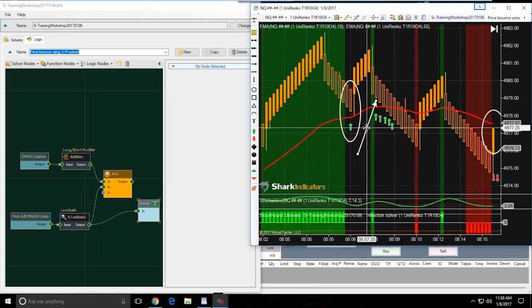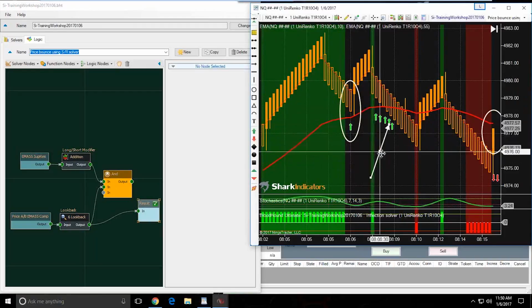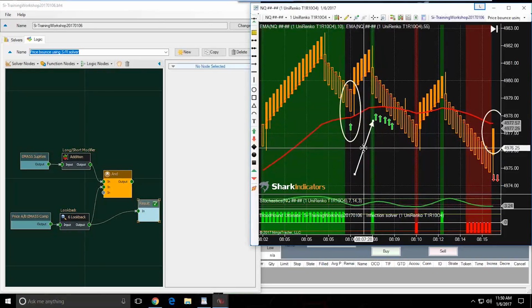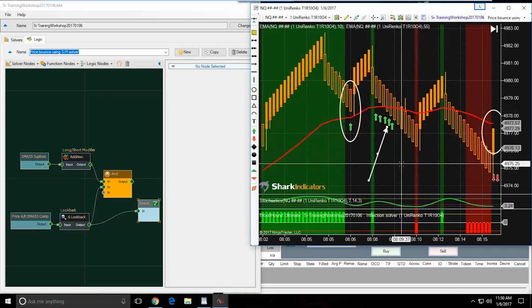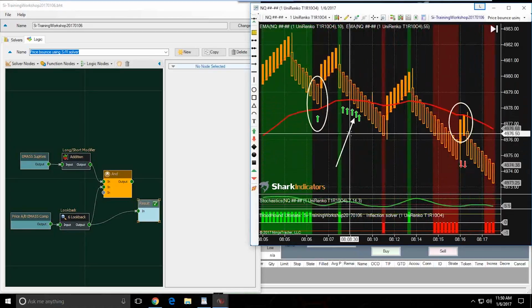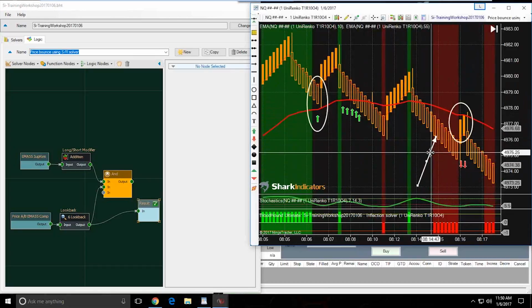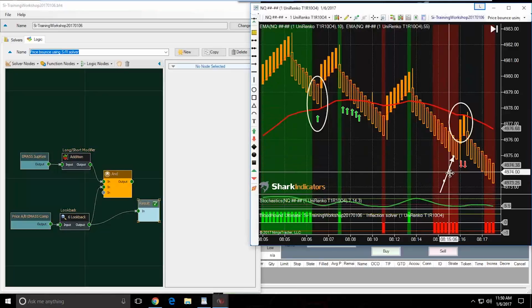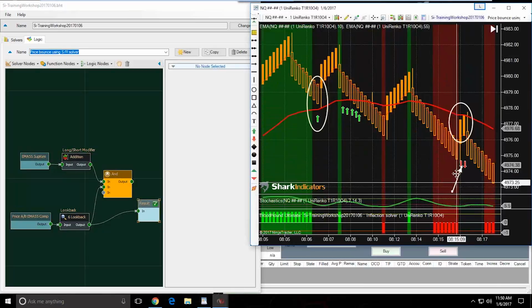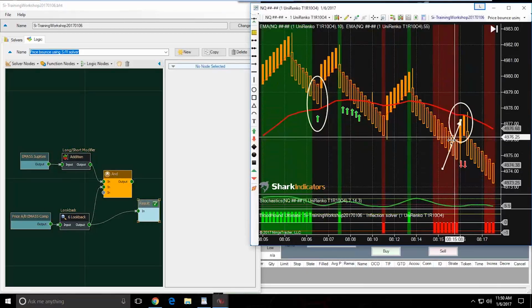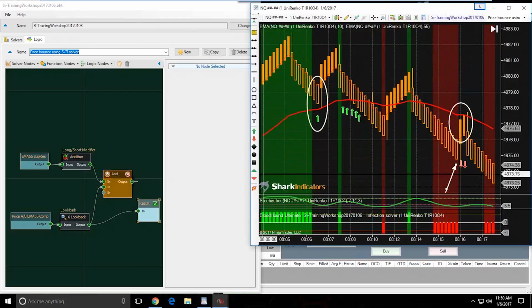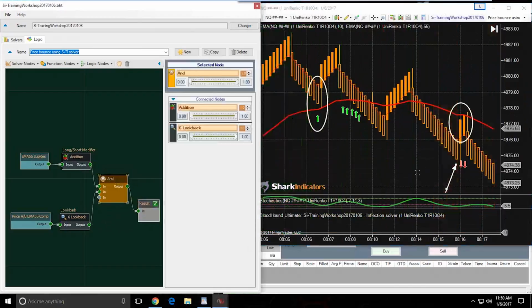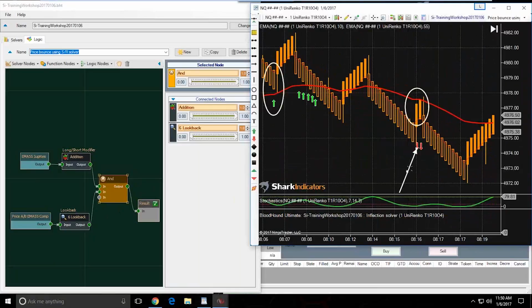When price gets close enough to our EMA to look for a bounce, I marked those bars with an arrow, and the trend output never has an output on those bars. Same thing over here. We've established a downtrend, but then this downtrend turns off when price actually gets close enough to our EMA to bounce off. So when we look at an AND node, we get nothing here.